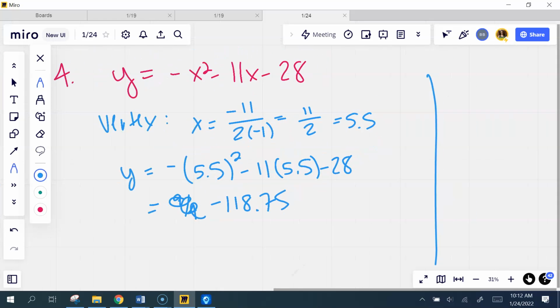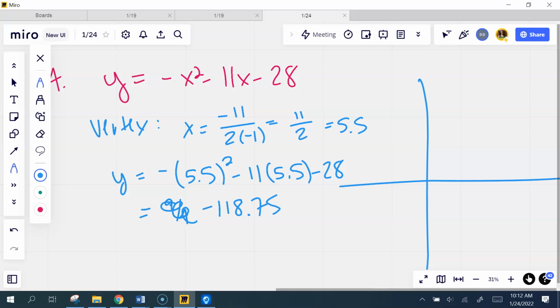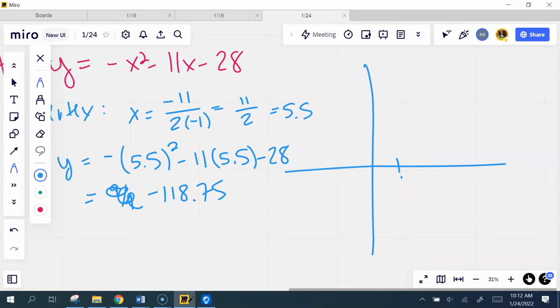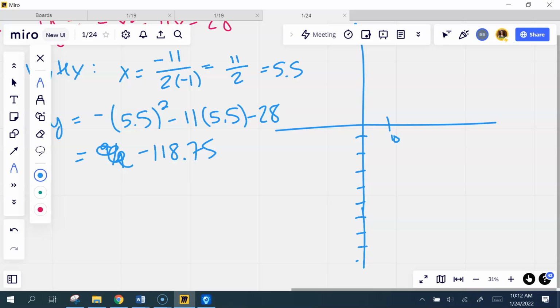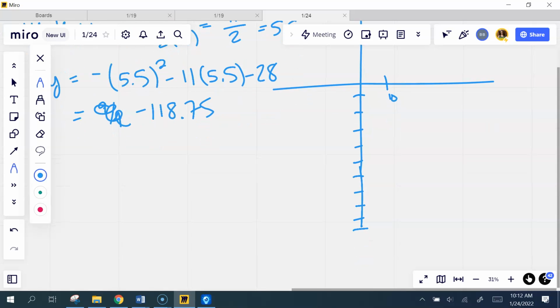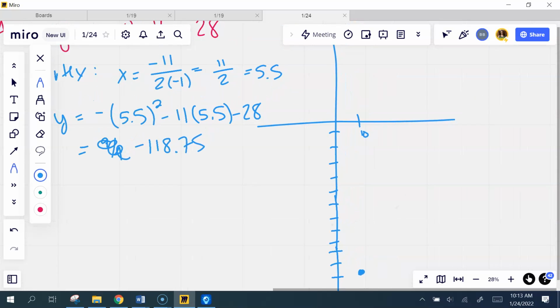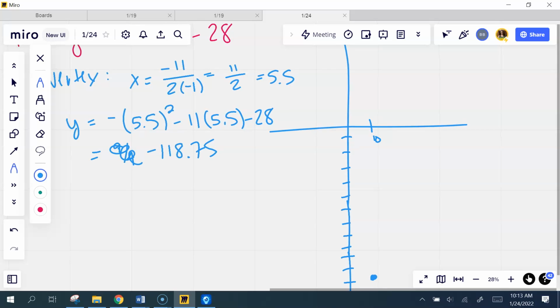But if this is 10, so I'm about in the middle, and it doesn't have to be exact here. 10, 20, 30, 40, 50, 60, 70, 80, 90, 100, 10, 20, somewhere around here is my vertex. Now I'm going to go in. Maybe it wouldn't be a bad thing then to use my easy point, my y-intercept of 28. 10, 20, about 28 right here.